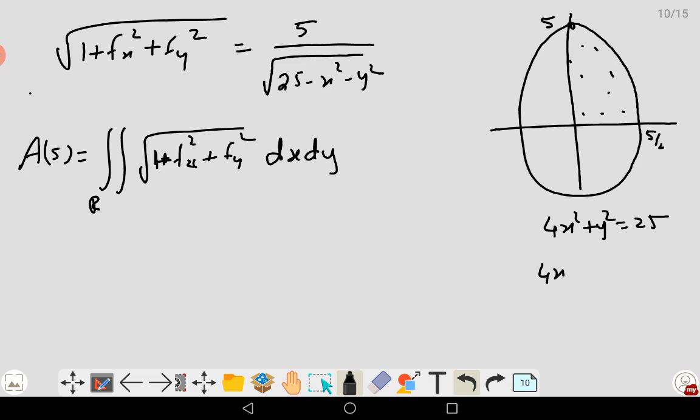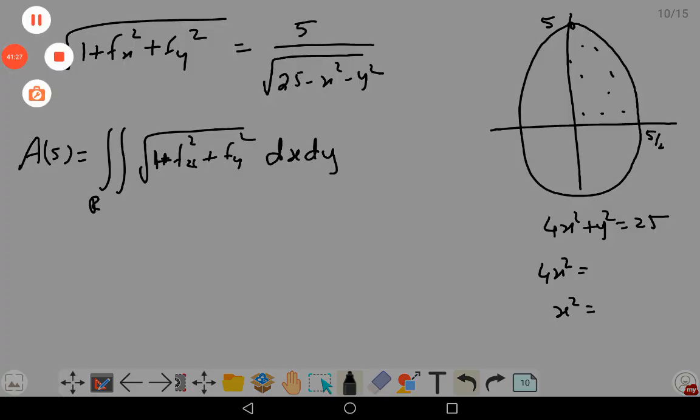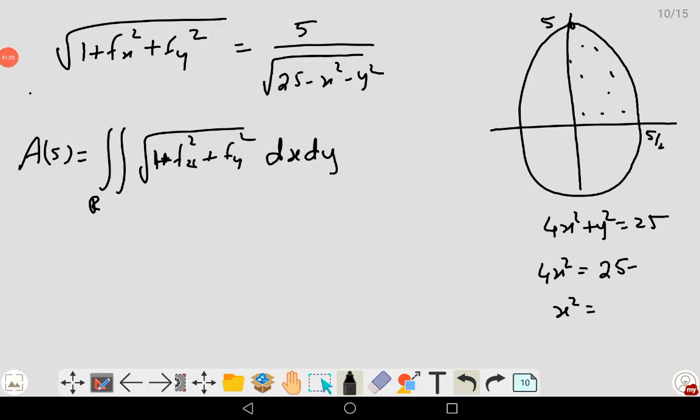So find x square from here. 4x square is equal to 25 minus y square. x square is equal to 25 minus y square over 4.